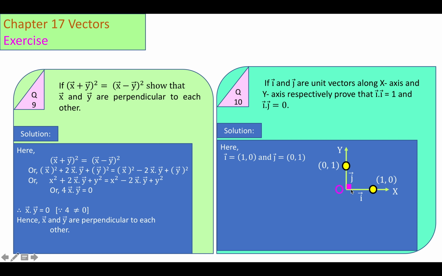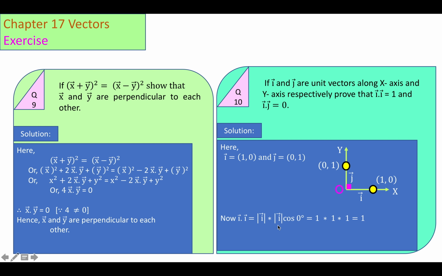Then the angle between vector i and vector j is 90 degrees. Now vector i into vector i equals magnitude of vector i into magnitude of vector i into cos 0 degree, because the angle between vector i and vector i is 0.